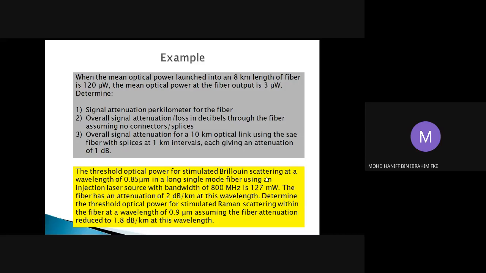We need to obtain the overall attenuation for this 10 kilometer optical link with splices at every 1 kilometer interval. Hopefully you understand the questions clearly. Let's have a look at the solutions for this example.